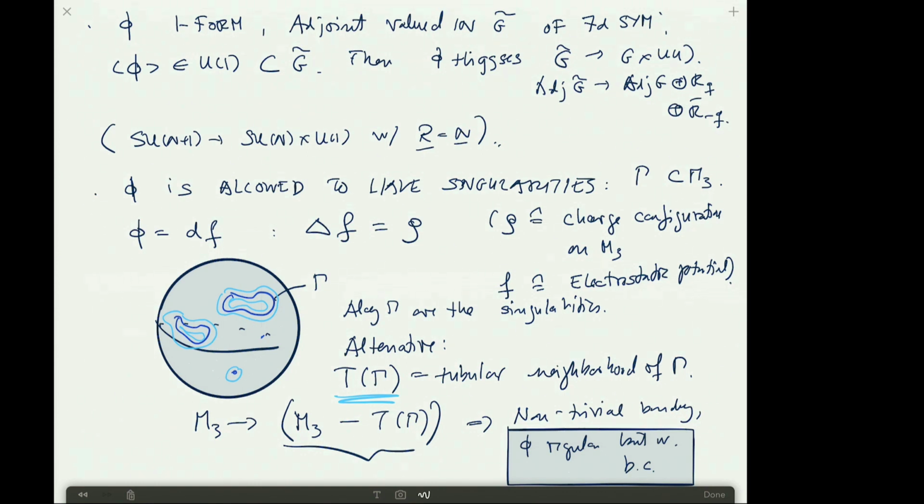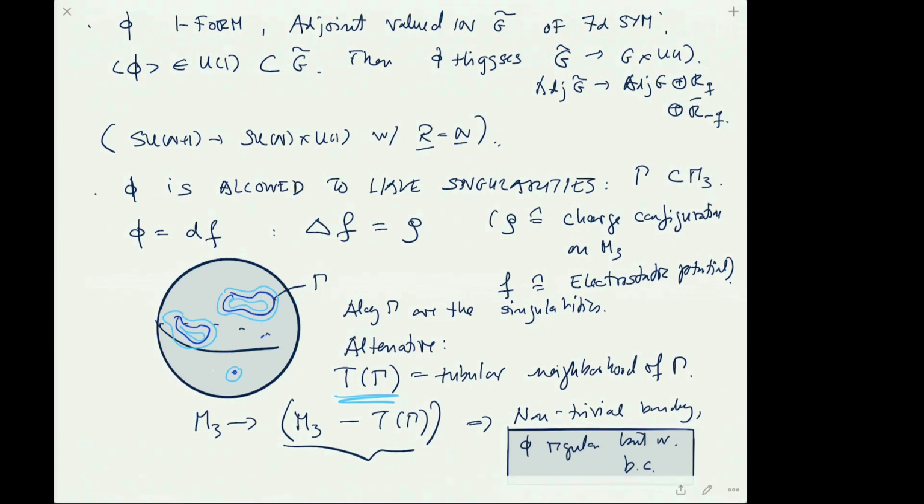So M3 is basically everything. We've taken out these light blue tubes. Okay, and this is now a problem that we can rewrite, and we can write down the cohomologies that count the zero modes of fields quite nicely.